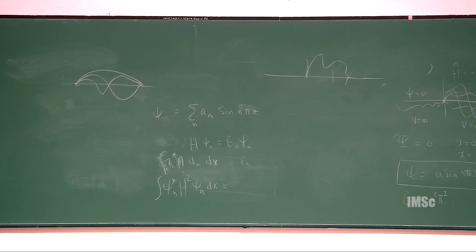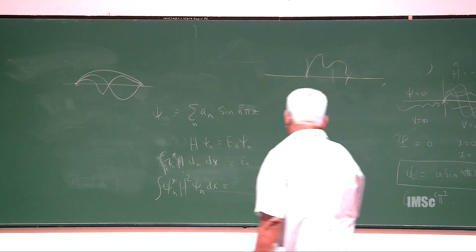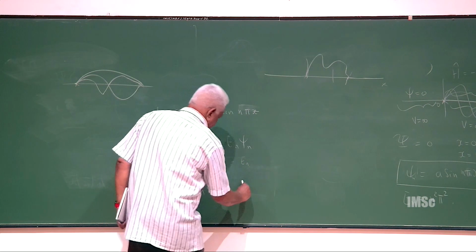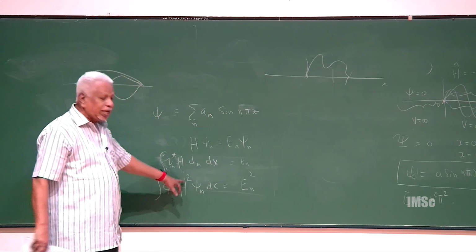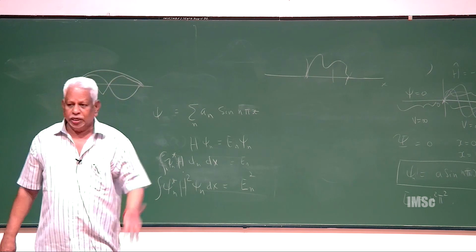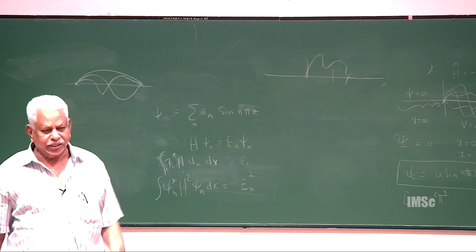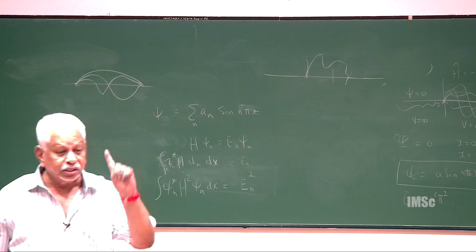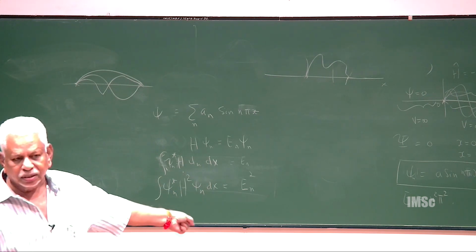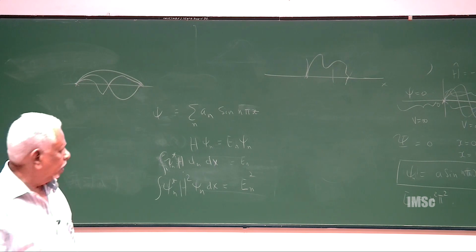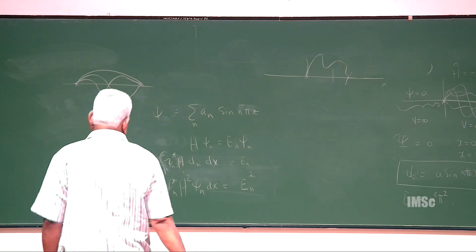Again, H acts on the same psi n, so it will be En square. Whatever power you take here, H cube, H to the power 10, it will be En to the power 10, as long as it is an eigenstate psi n. So this is the first thing.